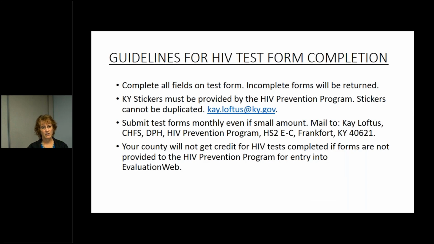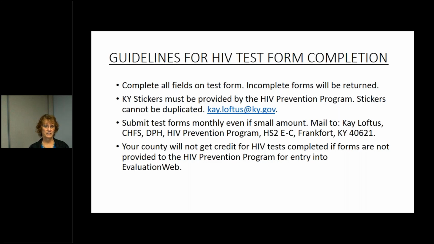Again, complete all fields on the test form. Kentucky stickers can be obtained from Kay Loftus, and her email address is there. And I would ask that you submit those forms monthly. This is how the health department gets credit for the number of HIV tests that they've completed. And those forms can be mailed in to Kay.